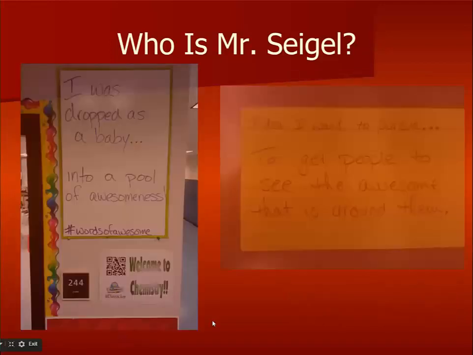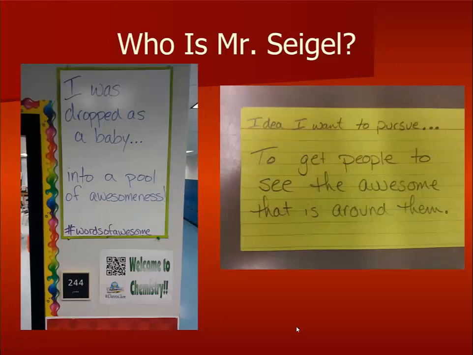As part of the TED-Ed Club, we all have to have an idea that we want to pursue. So I think the word awesome isn't used enough. I think it's especially not used enough when we're talking about ourselves. So I want to get people to see the awesome that is around them. This yellow poster card has my idea that I want to pursue, and this is my ongoing goal, to just increase the amount of awesome.